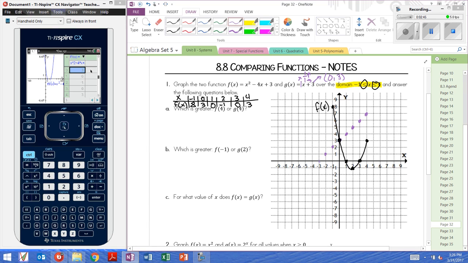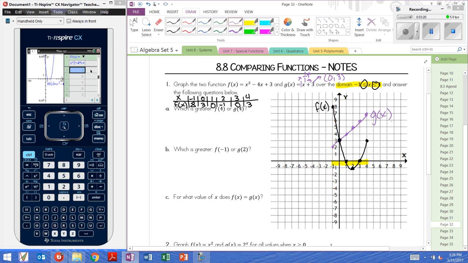I could continue graphing and plotting all these points, cover the whole graph, but then realize, oh, wait a minute, we're only graphing this over the domain from -1 to 4, so I don't need any of those points. But what I do need to do is connect my points with a straight edge and label it g of x. Okay, so now I have my two functions.